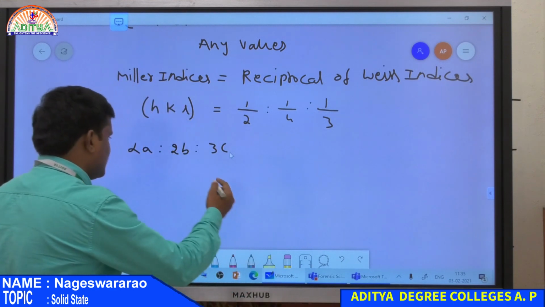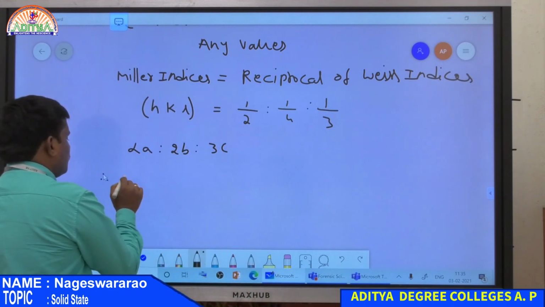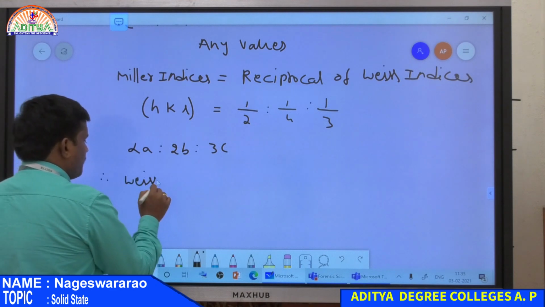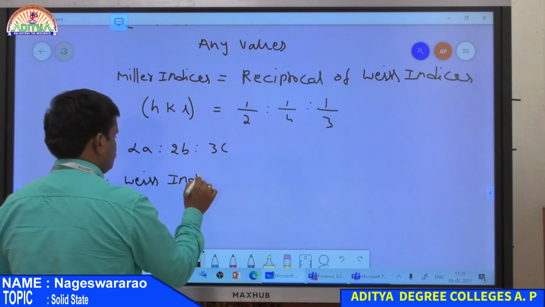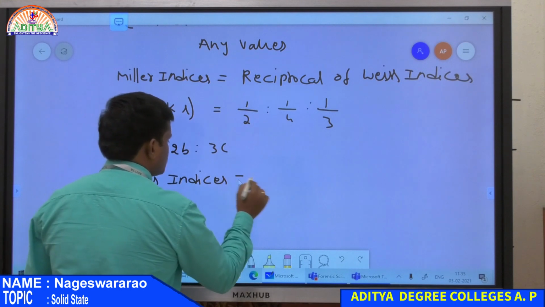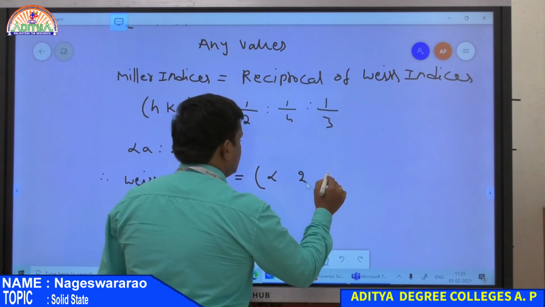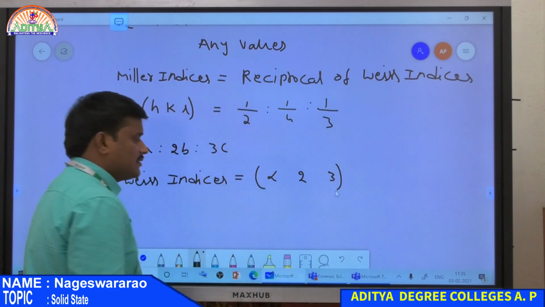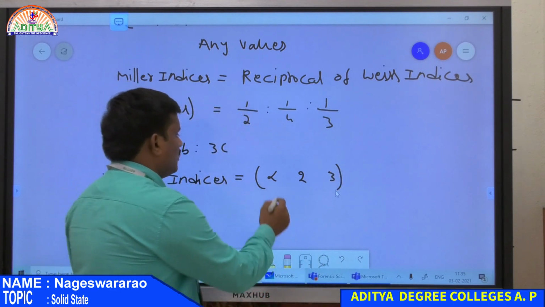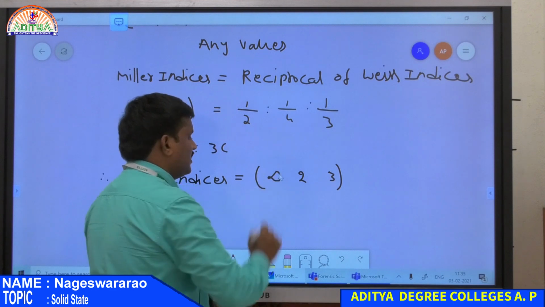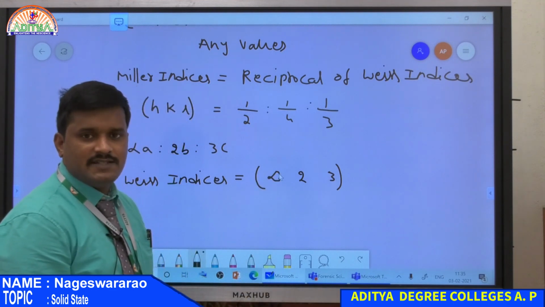Then what are the Weiss indices? The coefficients are infinity, 2 and 3. So these are the Weiss indices.